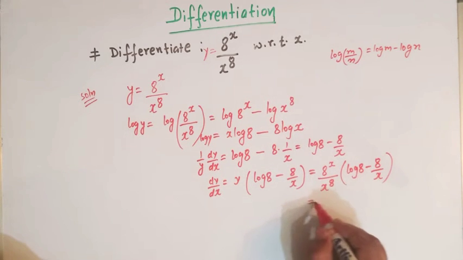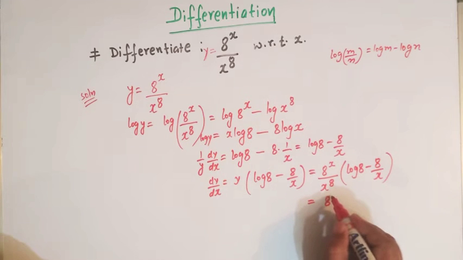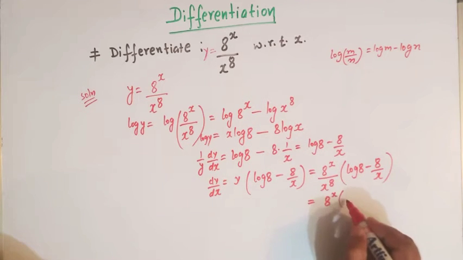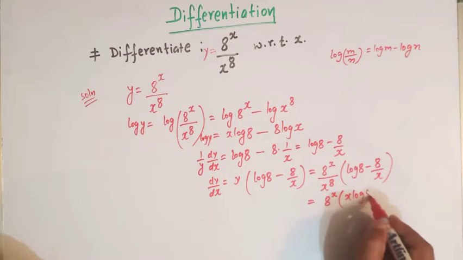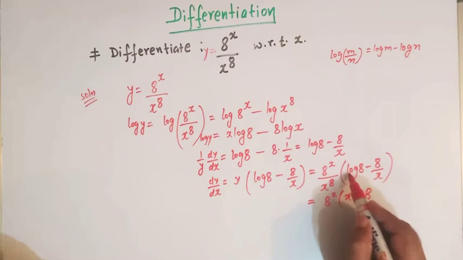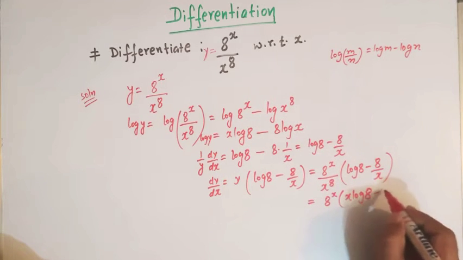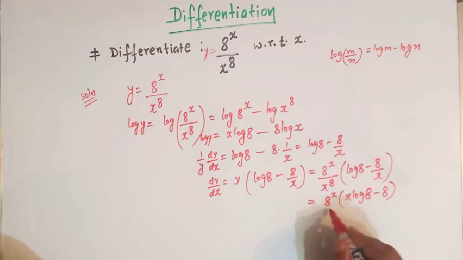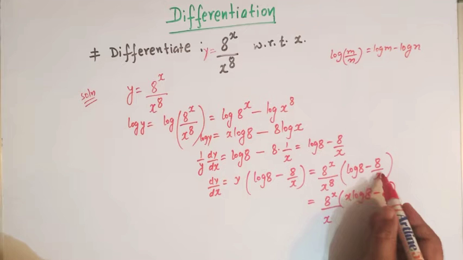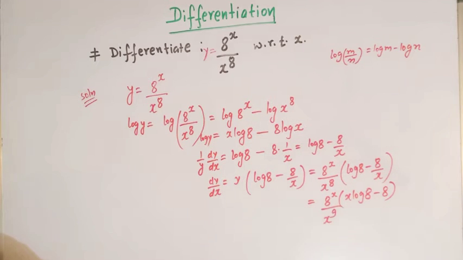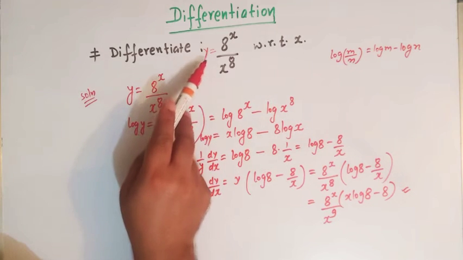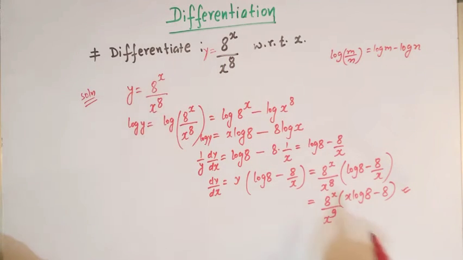Or this can also be written as 8 raised to x times x log 8 minus 8, divided by x raised to 8 plus 1, that is 9, right? So this is the required derivative of this function with respect to x.